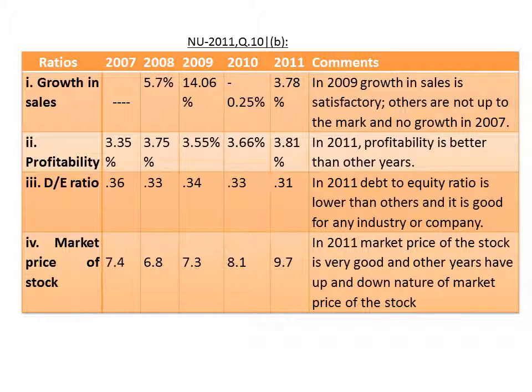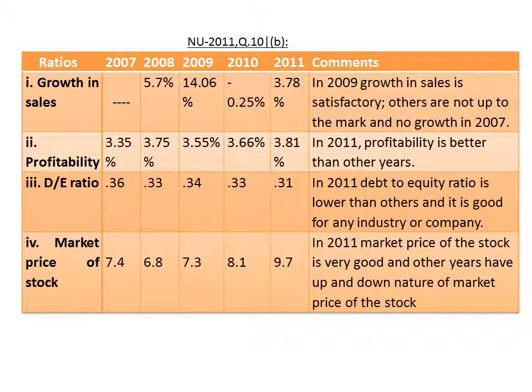Number 3, debt equity ratio. Here the long-term debt to equity ratio is included in the question: 0.36, 0.33, 0.34, 0.33, 0.31. We do not have to calculate it because it is already given in the question, and the market price of the stock is also already given, so we just write it down on the paper. So we get the following information and we analyze the following ratios.